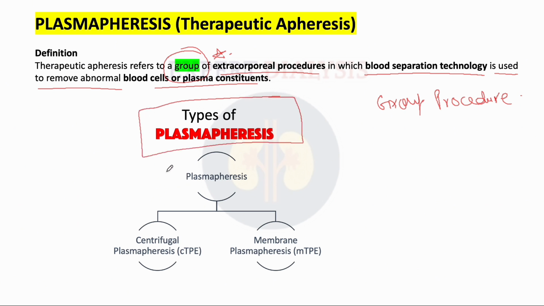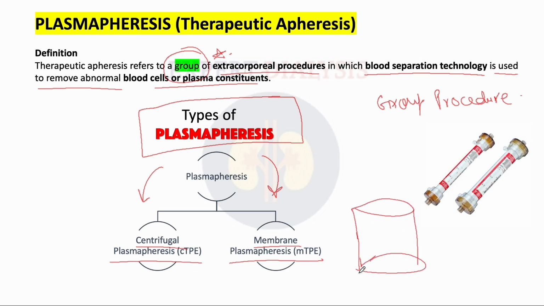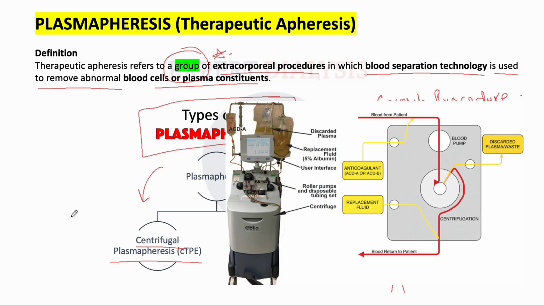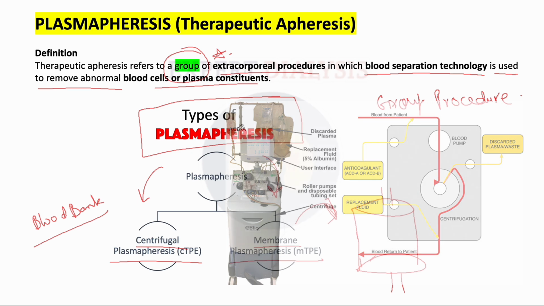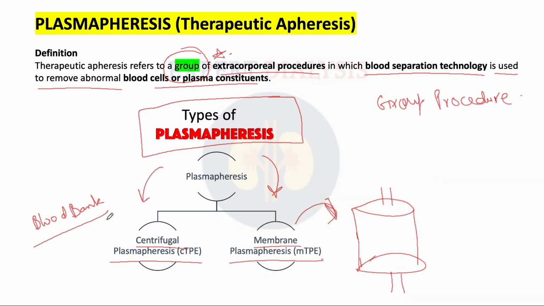The first one is centrifugal plasmapheresis and the second is membrane plasmapheresis. The most common one that we do in our dialysis unit through a plasma filter falls under membrane plasmapheresis. Centrifugal plasmapheresis is another technique which is mainly used in blood banks. We will talk about the types of plasmapheresis in our second part.